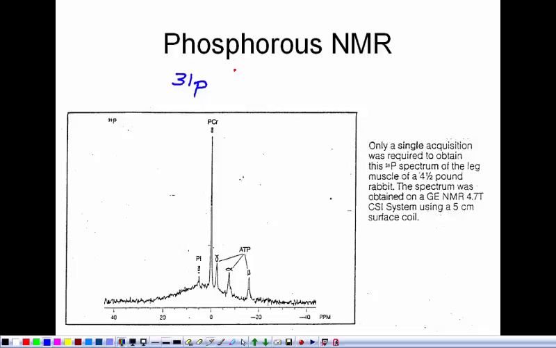And I'm assuming in this case they made the muscle flex back and forth so that they could watch the different forms of the ATP come and go to try and study the energy metabolism that occurs within a muscle. I've heard of them doing that with people, putting your arm inside of the magnet and then putting a surface coil and having people flex back and forth to see how the energy changes occur within the phosphorus molecules. That's what they were doing apparently with this rabbit.